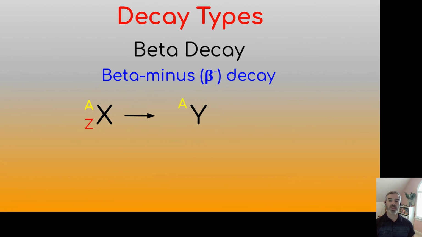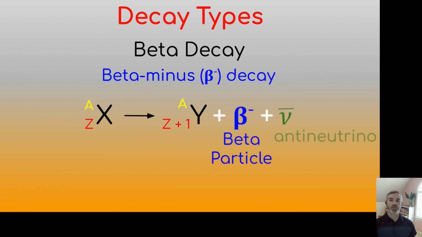So the mass number doesn't change, so we're going to leave that as A. The neutron changing into a proton adds 1 to our atomic number. And then, with the mass number being conserved, we also need charge to be conserved. So a neutron doesn't just change into a proton, it changes into a beta minus particle as well, and an antineutrino.